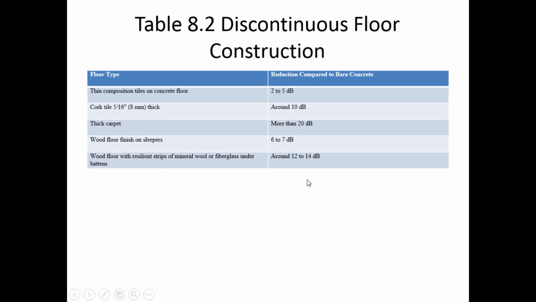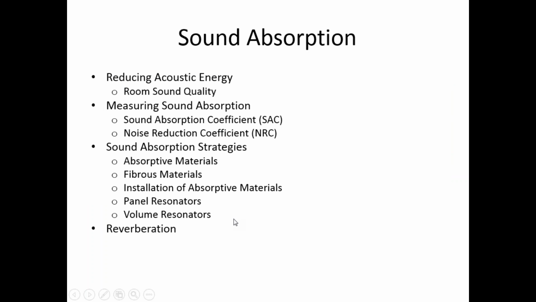But still surprising, possibly, to some of us, is just how much the right materials in combination with our wood floor can help us to reduce the sound. So, reducing acoustic energy, there's room sound quality that we have to take into account.